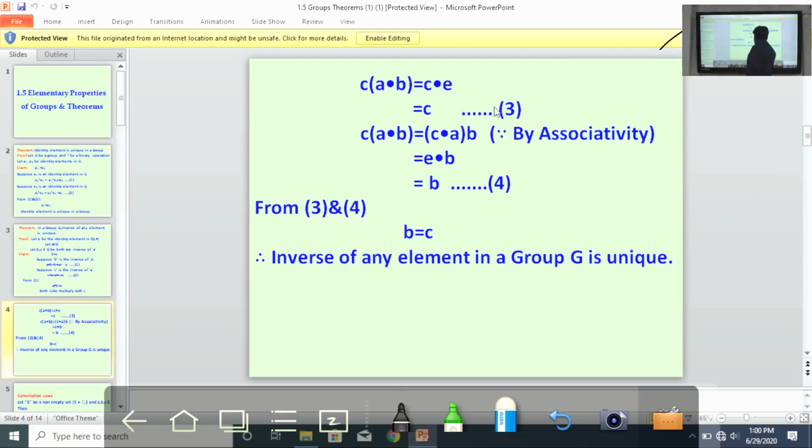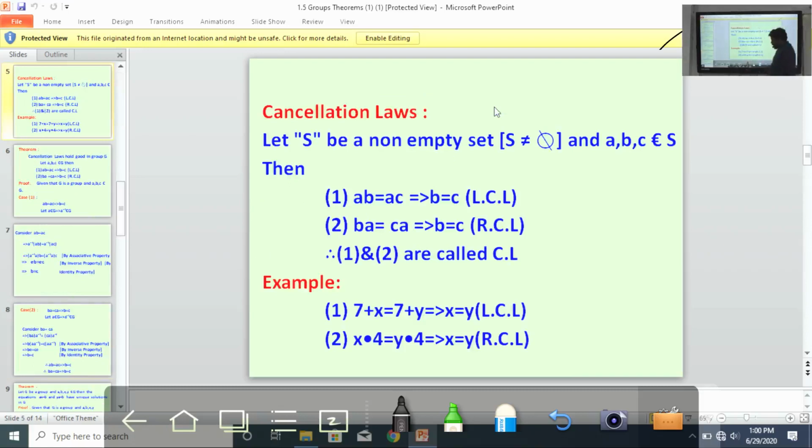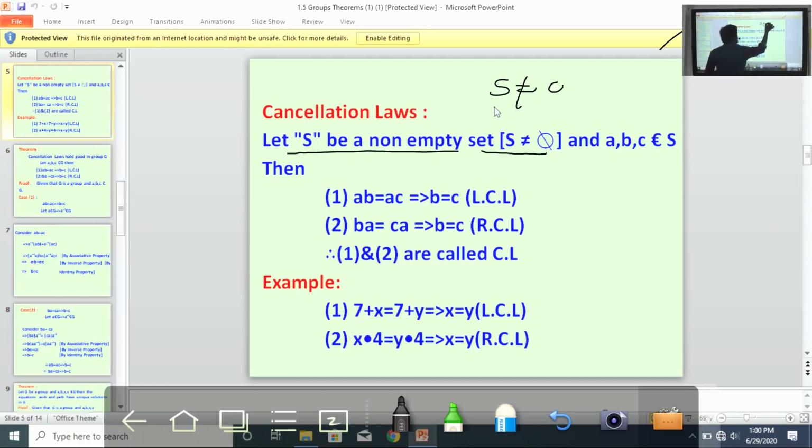Coming to the next slide. Now cancellation laws. Let S be non-empty.